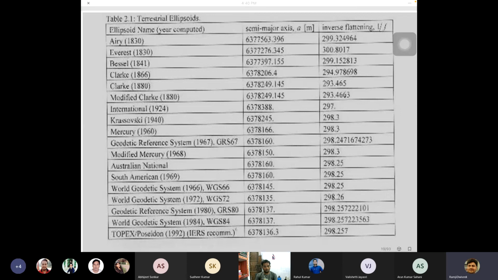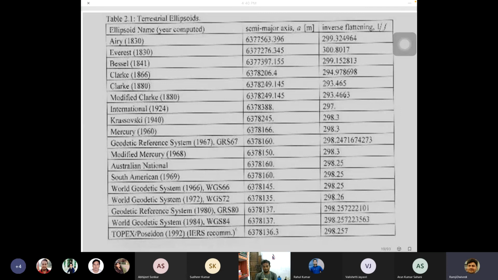But what you need to realize at this point is that these are the reference ellipsoids which are followed at the local level. You could see that the semi-major axis for Everest is different compared to Clark and Krasovsky, and the flattening is also different. Flattening for Everest is considered as 300.